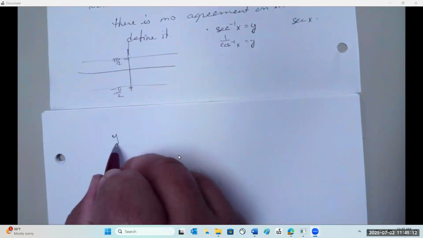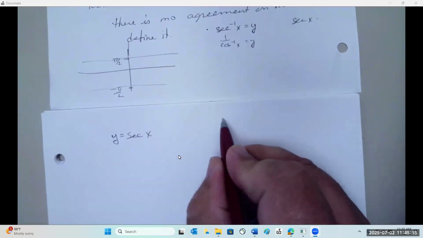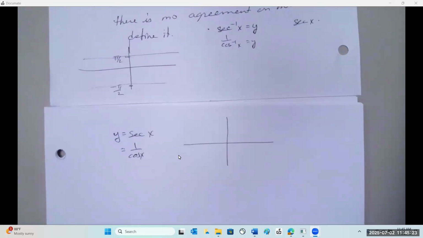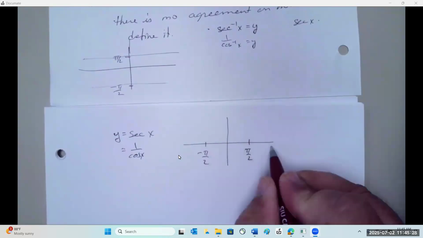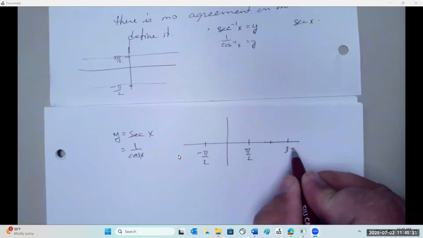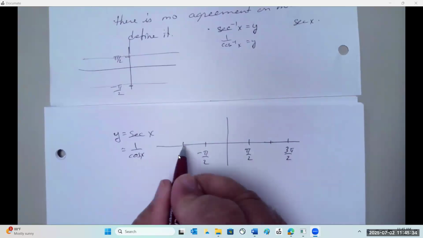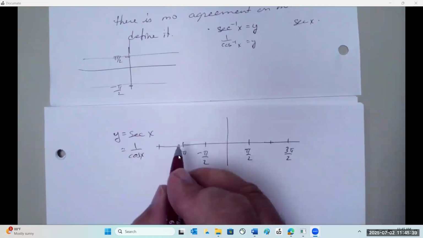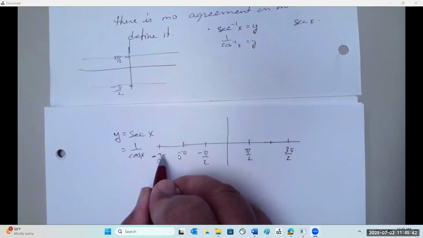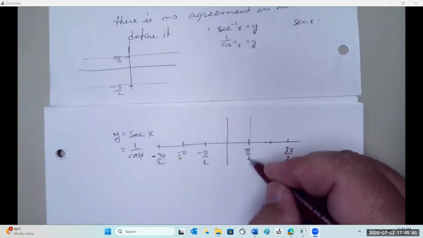Let's refresh the graphs of the secant function, also of the reciprocal functions. The secant function is 1 over cosine. So we have asymptotes where? At pi over 2, negative pi over 2, 3 pi over 2, negative 3 pi over 2. These are asymptotes.